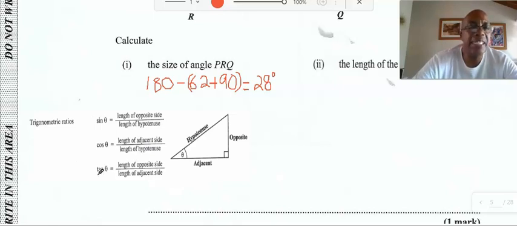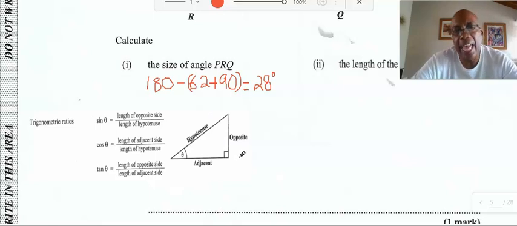And the last one is tangent, short for tan. Tan of angle theta equals the length of the opposite side over the length of the adjacent. You can use the appropriate ratio to find either an angle or a side if you know either two other sides or another side and an angle. It's based on the problem.